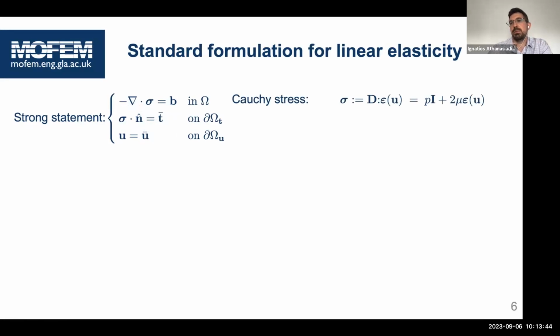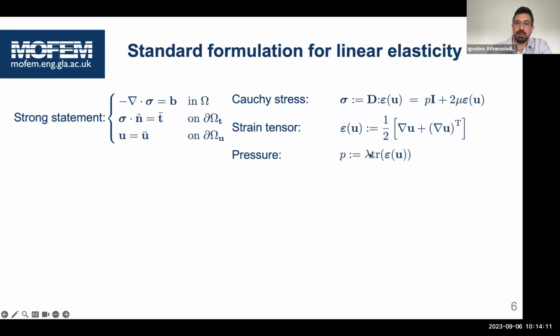And here, for the purpose of this presentation, we are going to use the Cauchy stress presented by the Lamé decomposition, where you can decompose the stress into a volumetric and a deviatoric part. The strain tensor here is defined as this, a symmetric tensor, and the pressure is defined as the product of a material parameter, lambda, times the trace of the strain.